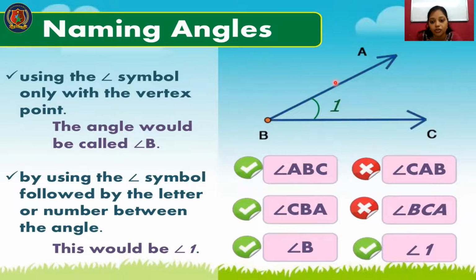Here they have given one. So put the angle symbol and write one. That also represents angle ABC, or the angle symbol with only B. If you write that also, it represents angle ABC only, children. That's what they have given here: the angle could be called angle B by using the symbol followed by the letter or number between the angle. This would be angle 1.